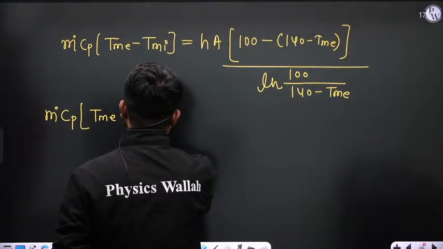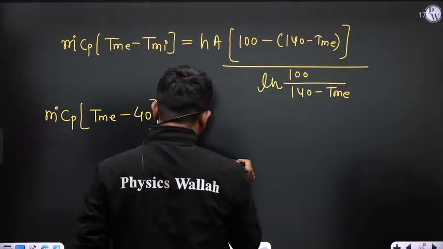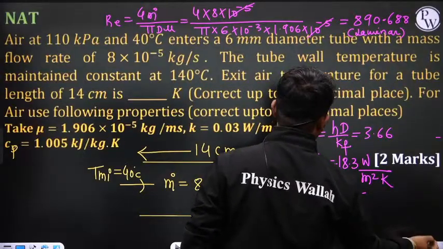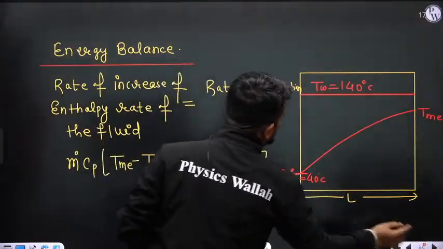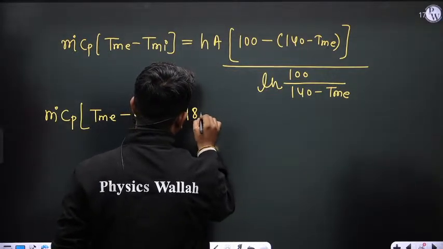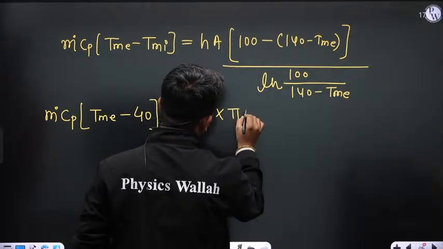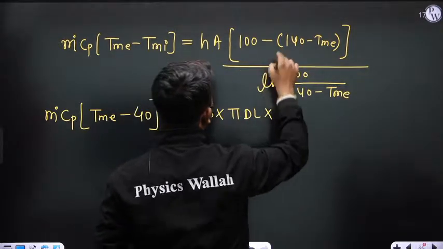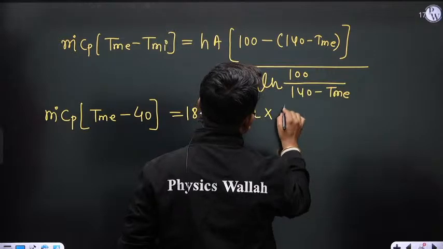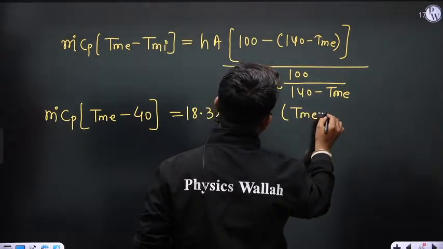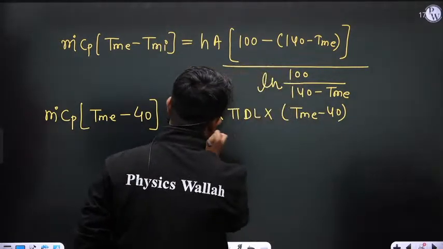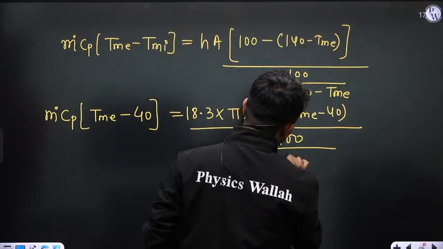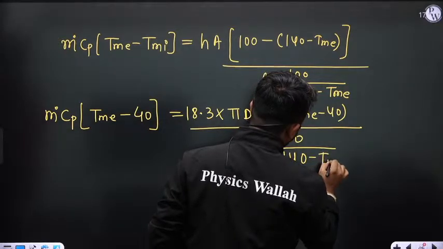So m dot Cp into TME minus 40 is equal to H, 18.3, into pi into D into L, into 100 minus 140 minus TME, divided by natural log of 100 divided by 140 minus TME.